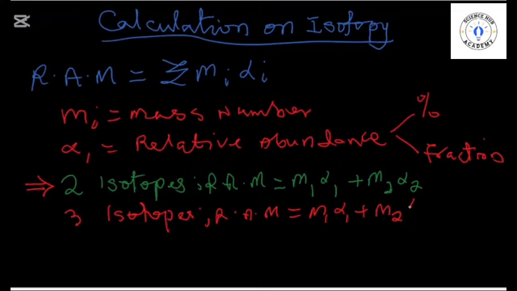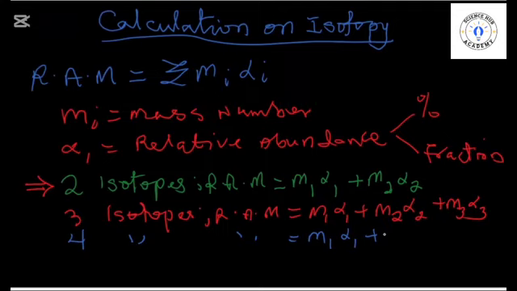If you are dealing with four isotopes, it will be m1 alpha 1 plus m2 alpha 2 plus m3 alpha 3 plus m4 alpha 4, depending on the number of isotopes.